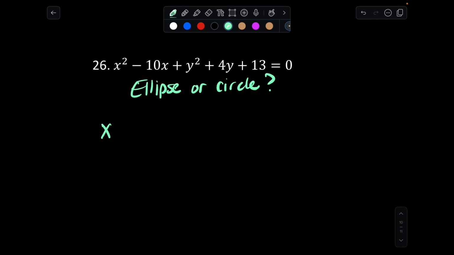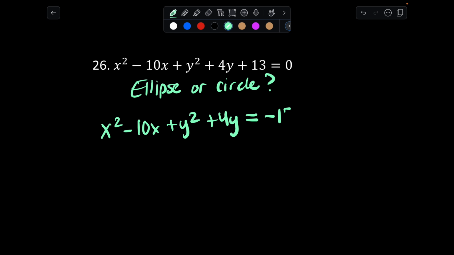So I have x squared minus 10x plus y squared plus 4y. I have that 13, so I'm just going to do equals negative 13. Now, the goal for all of these is to create these squared binomials. I could already see that that 13 was not going to fit with the x squared minus 10x, nor was it going to fit with the y squared plus 4y. There was no way I was going to create a binomial for that.